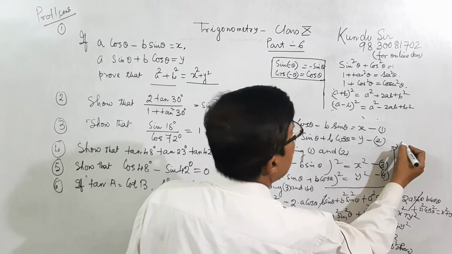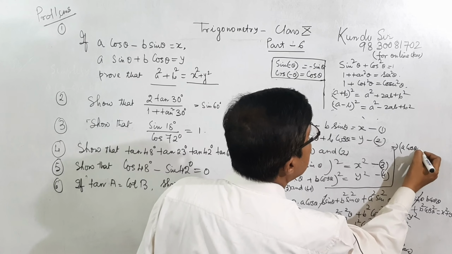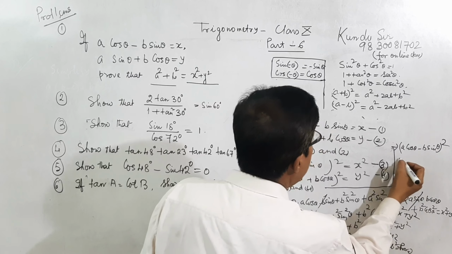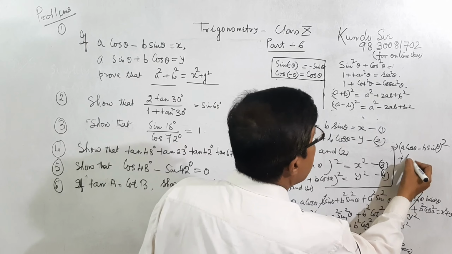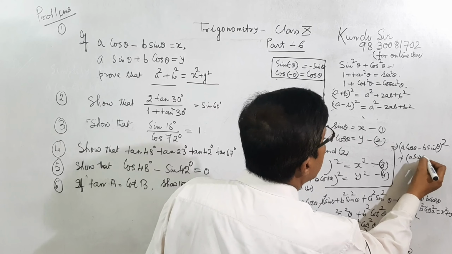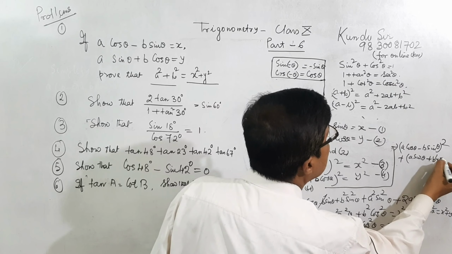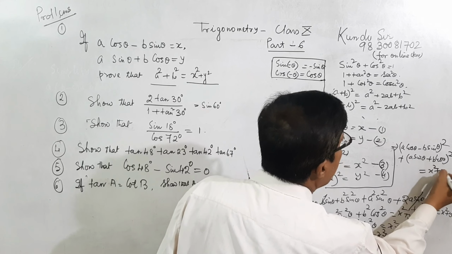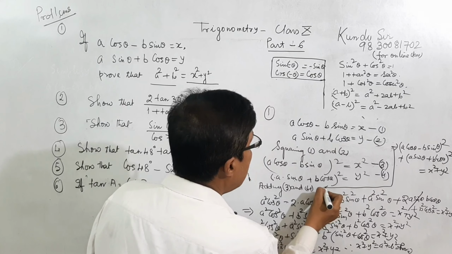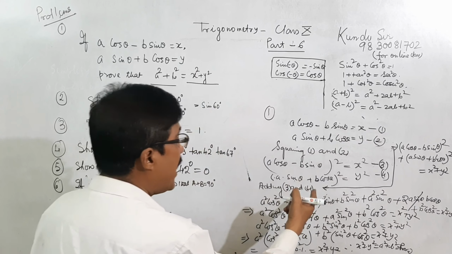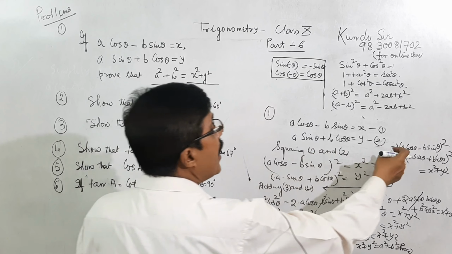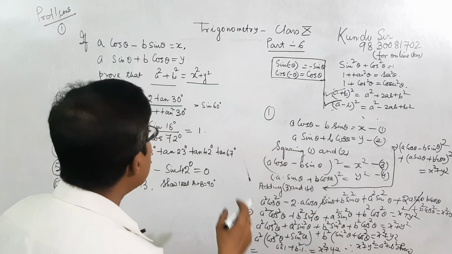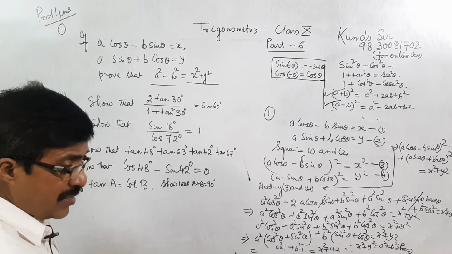This is equal to (a cos theta minus b sin theta) whole square plus (a sin theta plus b cos theta) whole square equal to x square plus y square. We are putting it again for your clarity, and then we are expanding with the help of this one and this one. It is a most important sum for the board exam also.